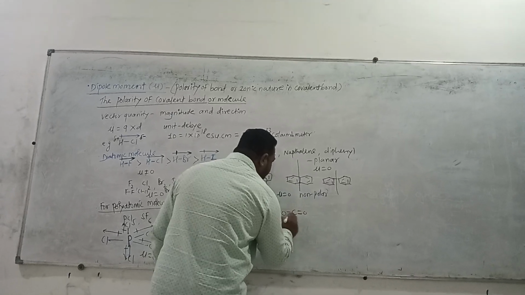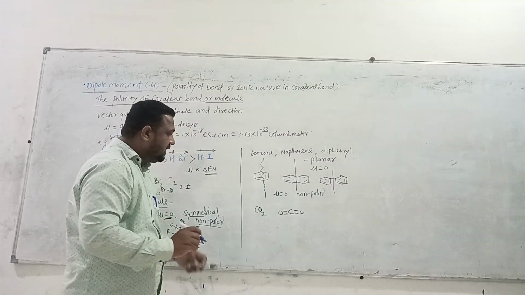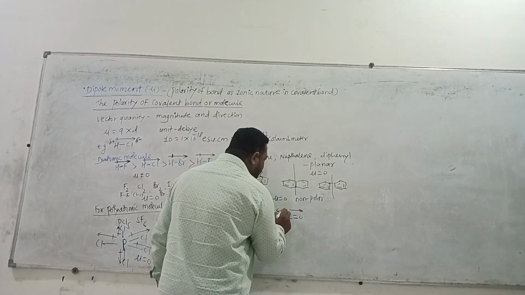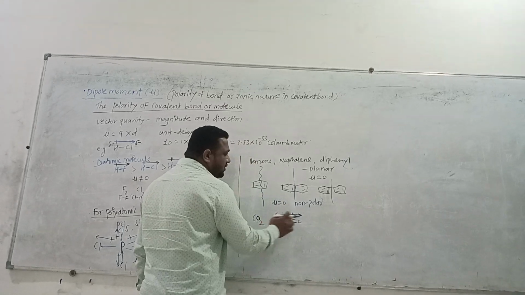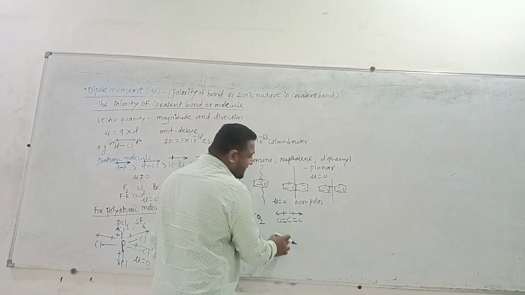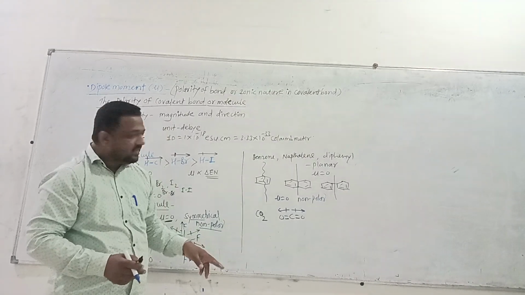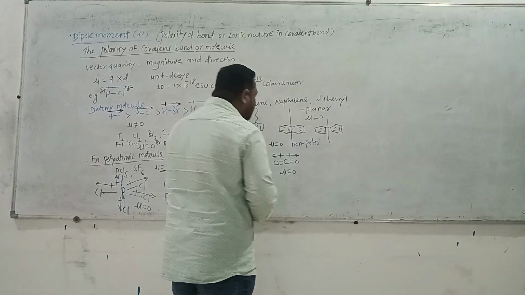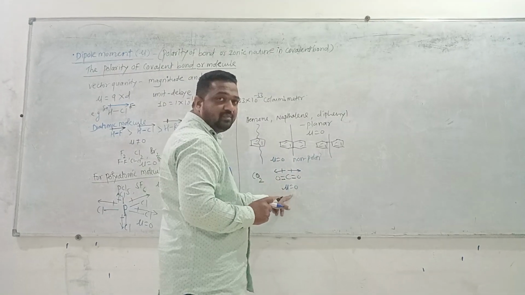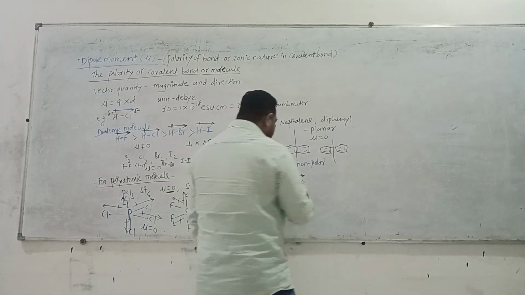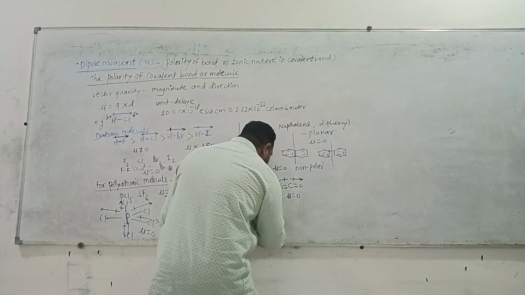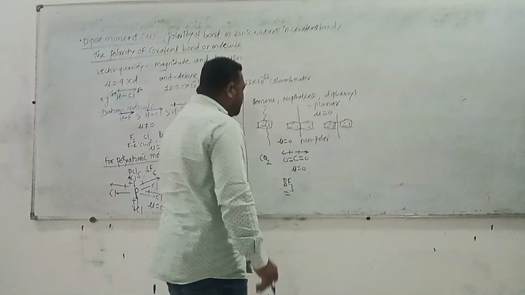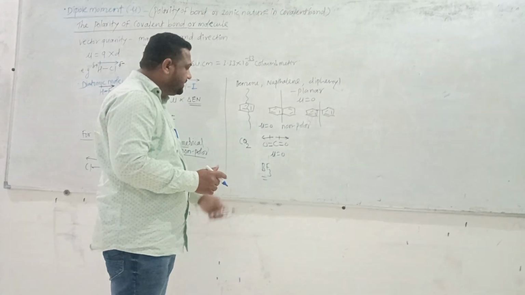Between carbon and oxygen, which one is more electronegative? Oxygen is more electronegative. In this case, what are the directions of the two bond dipoles? The two bond dipoles are in opposite directions, so the dipole moment value is 0, so what kind of molecule is it? Non-polar. Correct, non-polar molecule.